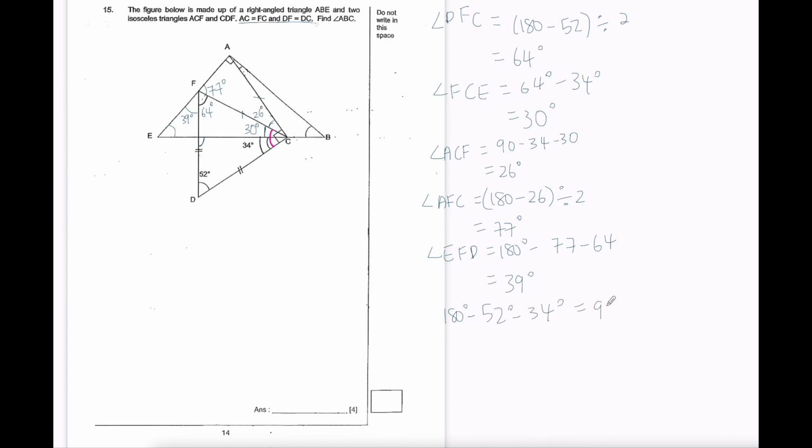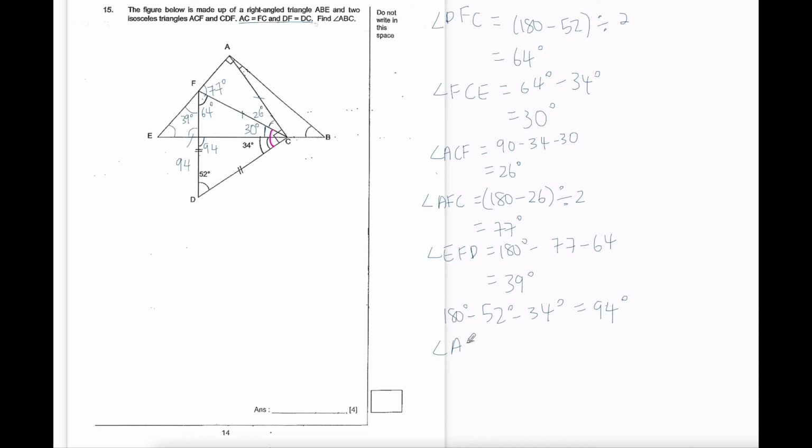It's 94 degrees. Okay, so if this is 94, this will also be 94. So can we find out what's angle AEB? Or we can call it FEC.